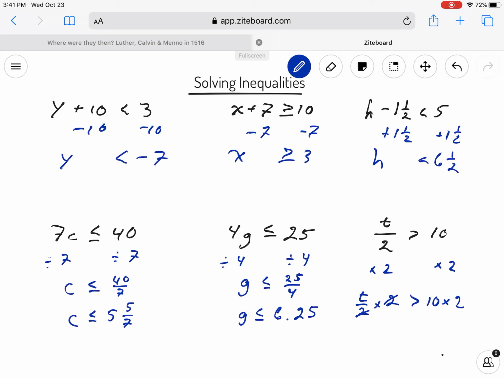The 2s go to 1, right? 2 divided by 2. And so I'm left with t is greater than 20, which makes sense. In the original, if I take t and make it 20, 20 divided by 2 is 10. So t has to be bigger than 20, right? And that's exactly what this is saying.